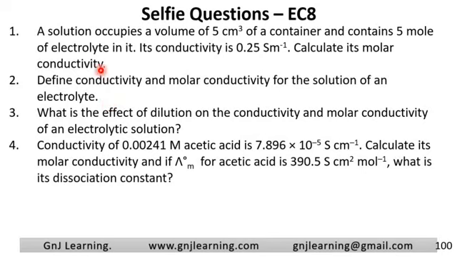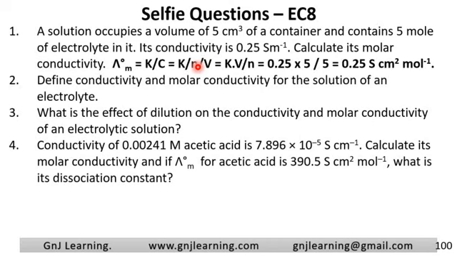If it is a statement type of question, we will not provide the answer. You have to find it from the textbook or from the video here itself. So let's discuss again. Solution contains a volume of 5 centimeter cube of a container. That means volume is given, number of moles is given, conductivity is given. So what is the equation for molar conductivity?